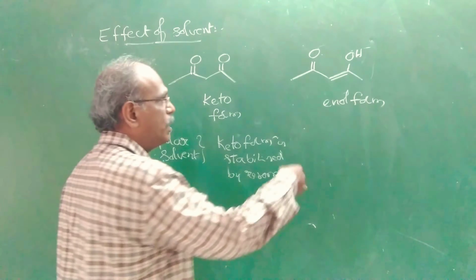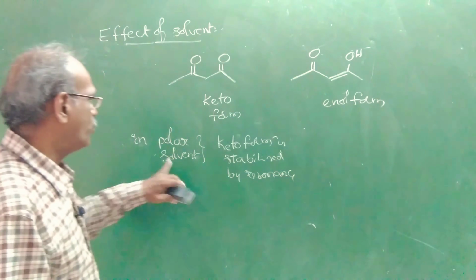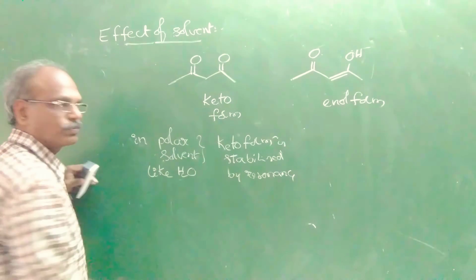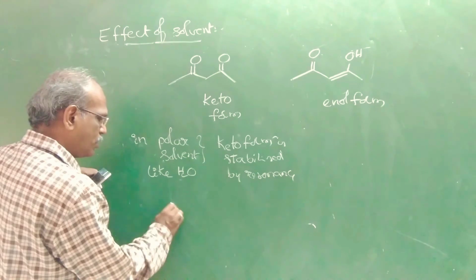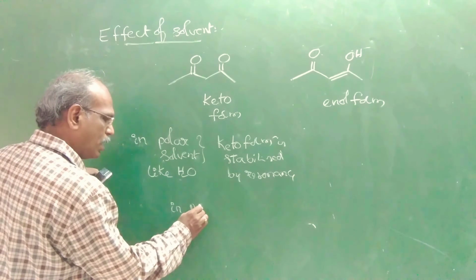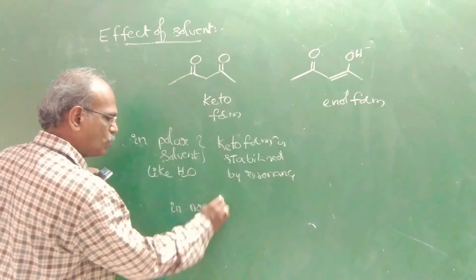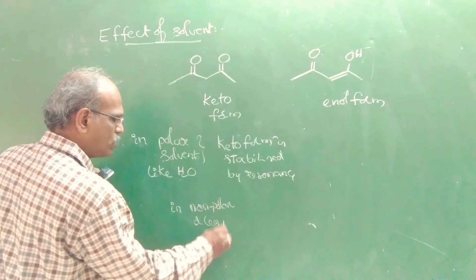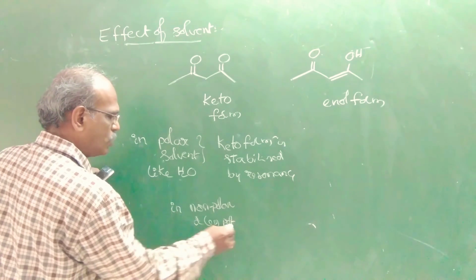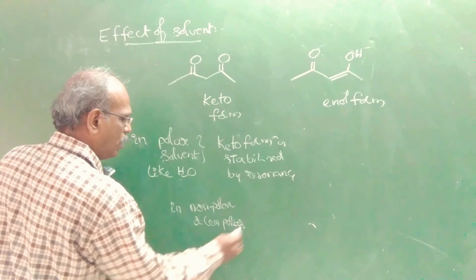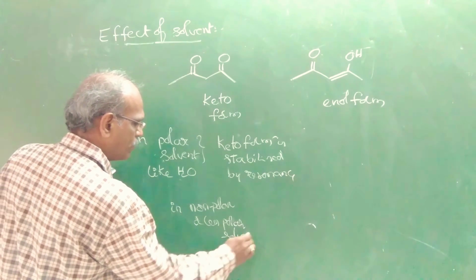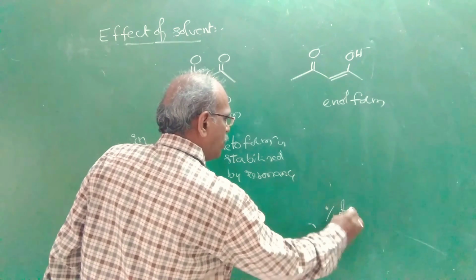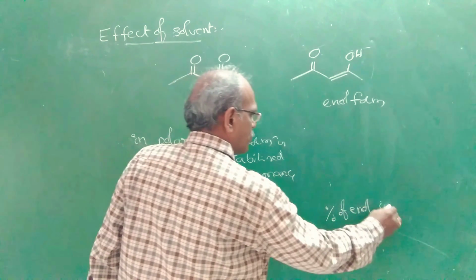That is, percentage of enol is less in polar solvent like water. Okay, but in non-polar or less polar solvents, less polar, that word is preferable, percentage of enol increases.